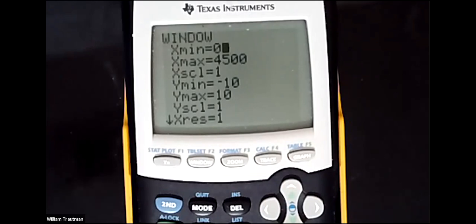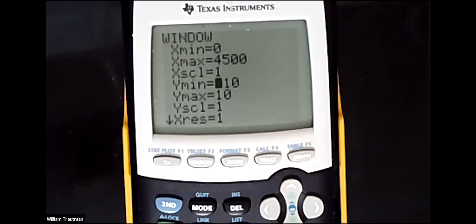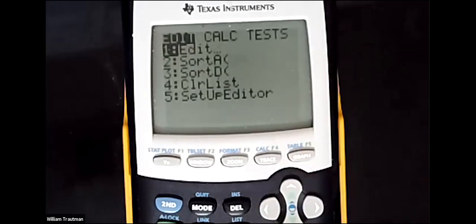Does anybody know what the highest y value in L2 was? Does anybody have their workbook with them? Or do I have to go back to my data? Stat number 1. Was it 68? Yeah, I think it was 68.